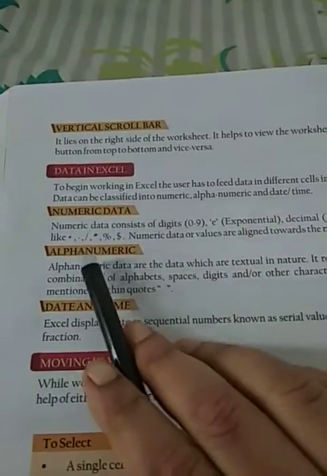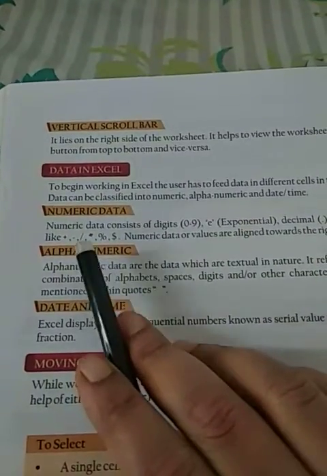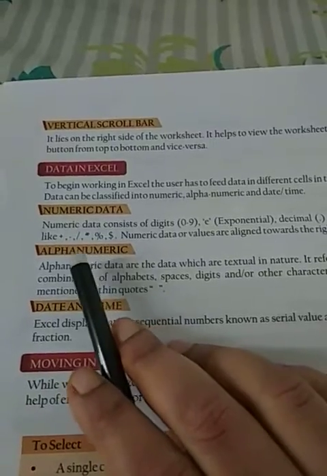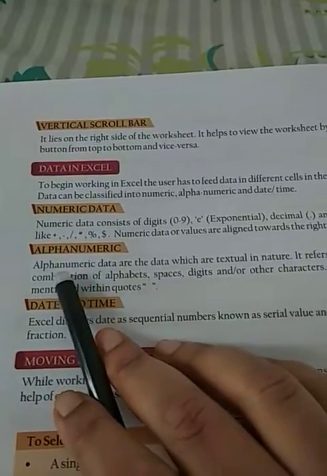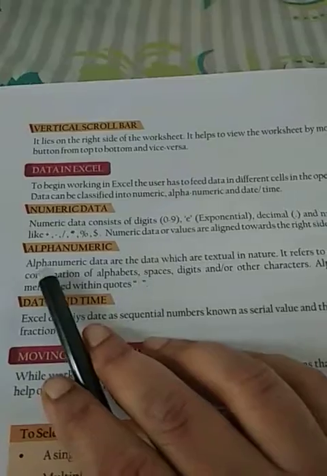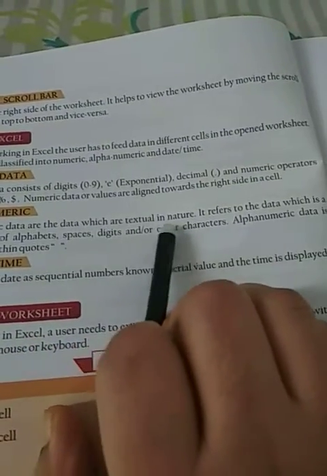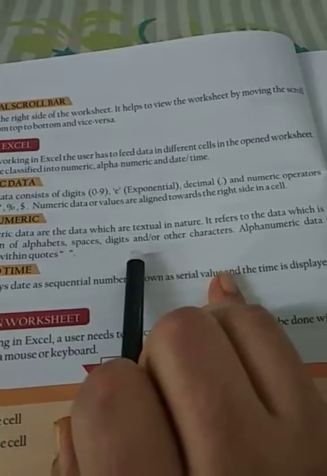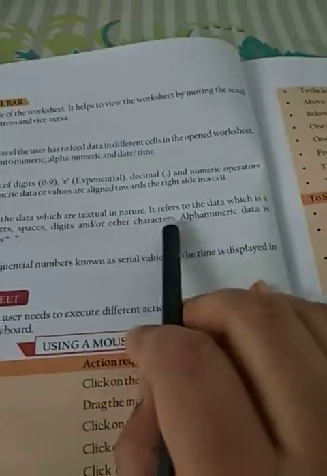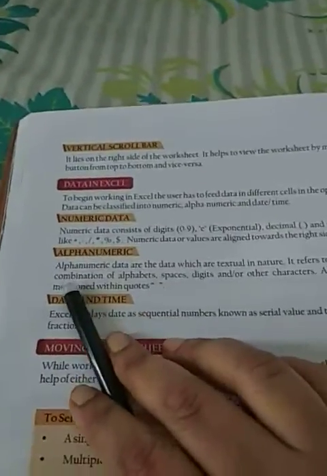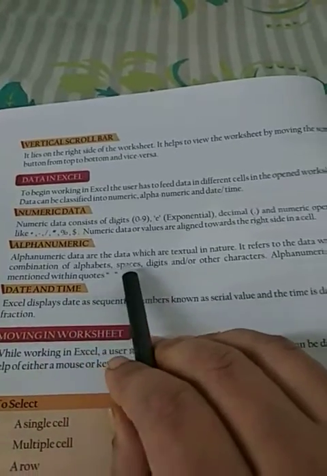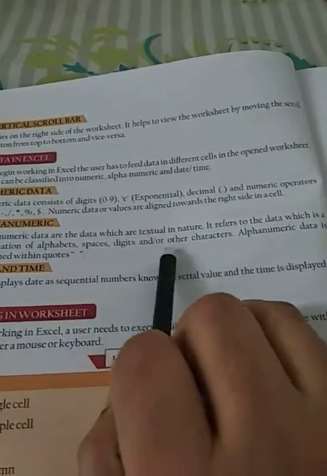Another one is alphanumeric. Alphanumeric data is data which is text in nature, meaning it will contain alphabets also. It refers to data in which there is a combination of alphabets, spaces, digits, and other characters.